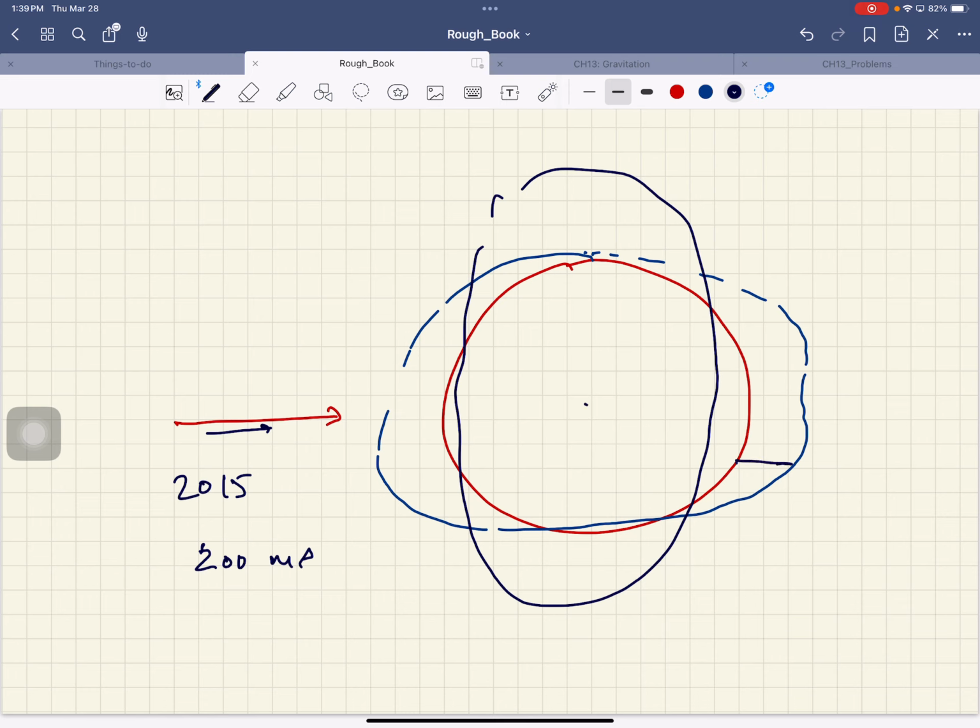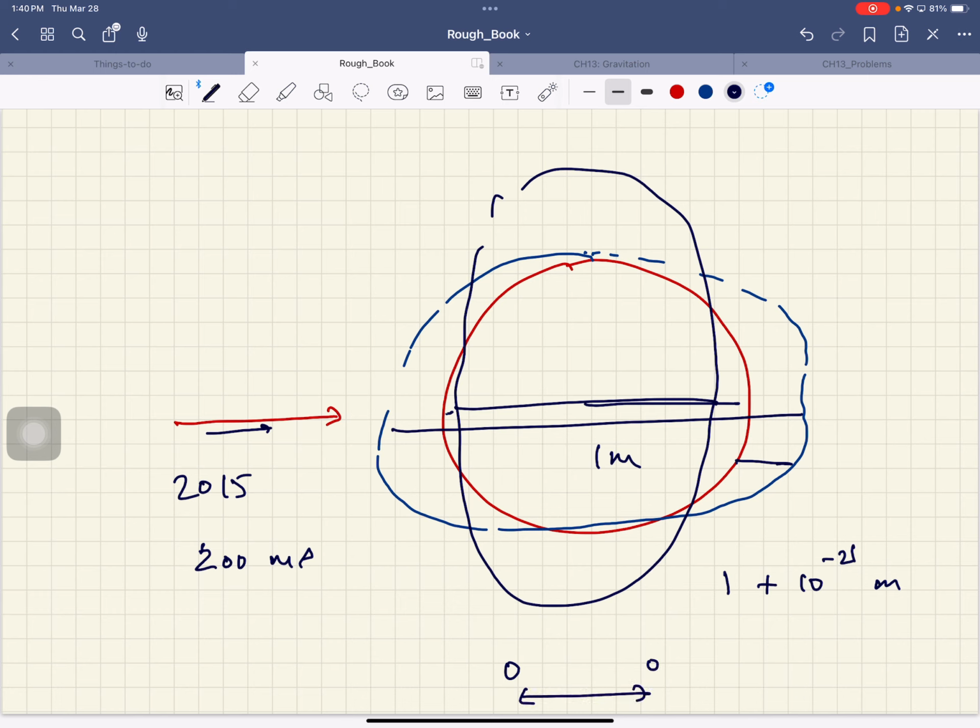If this diameter was 1 meter, this changed to 1 meter plus 10 to the minus 21 meters. Let me put it another way. If this was the Earth-Sun distance, how much is the Earth-Sun distance? 92 million miles. This changed by the width of an atom.